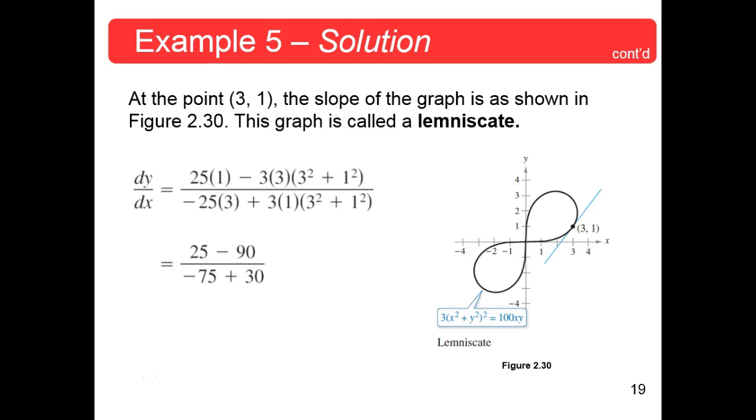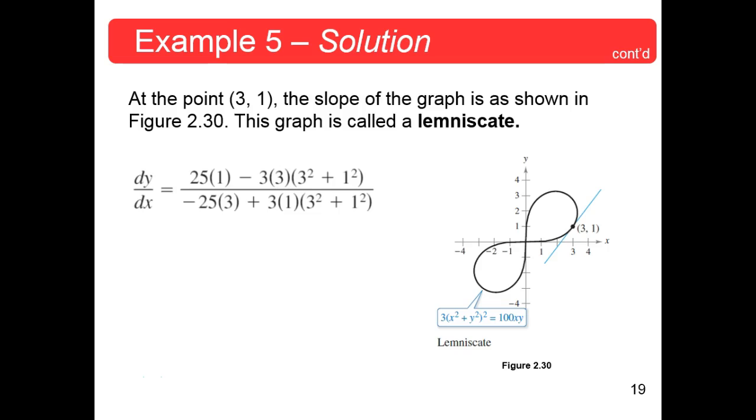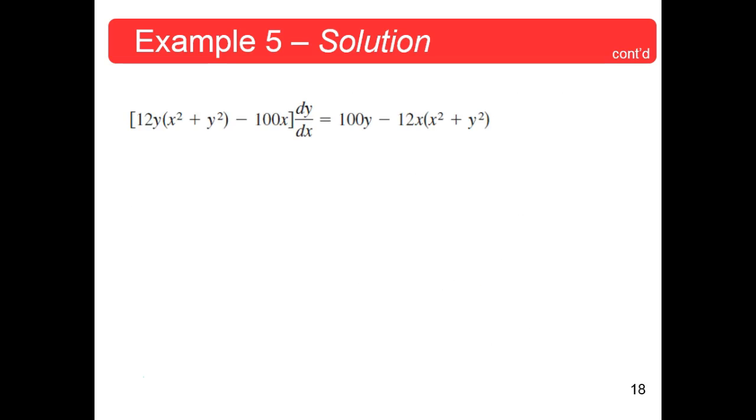All right. That was example 5. My guess is they didn't do example 6. So let's go back and do example 6. I think this will probably be as good a place as any to do it.